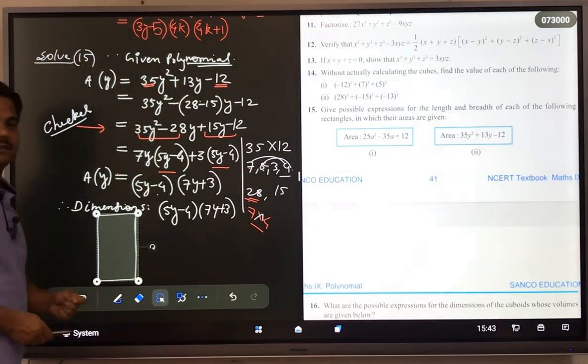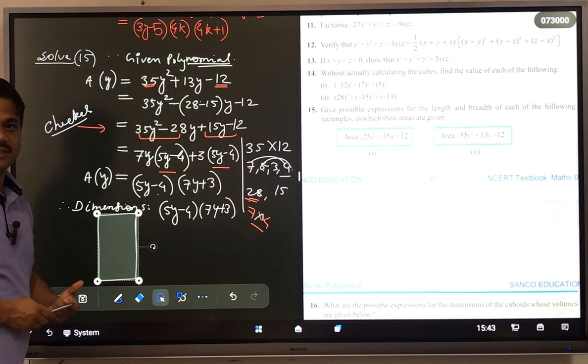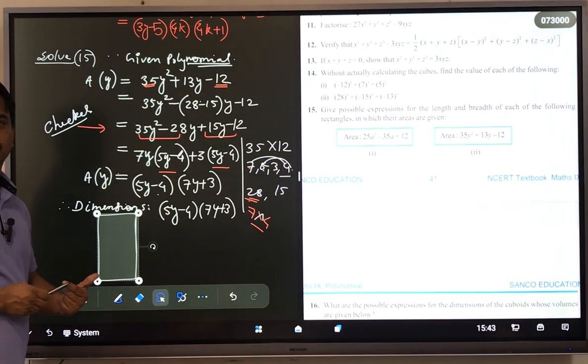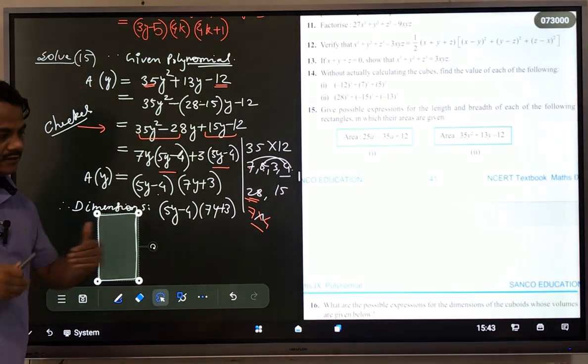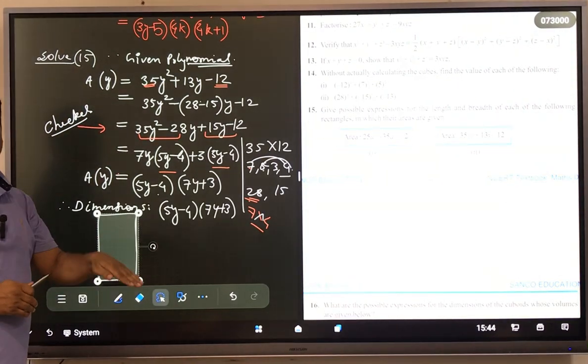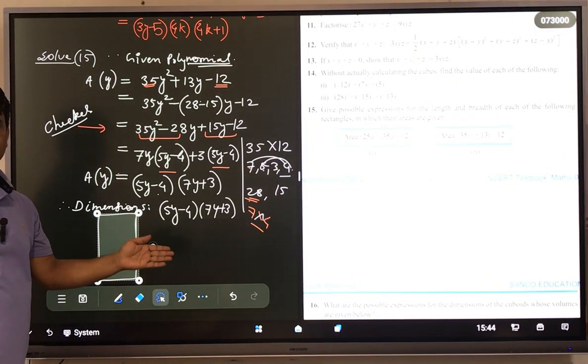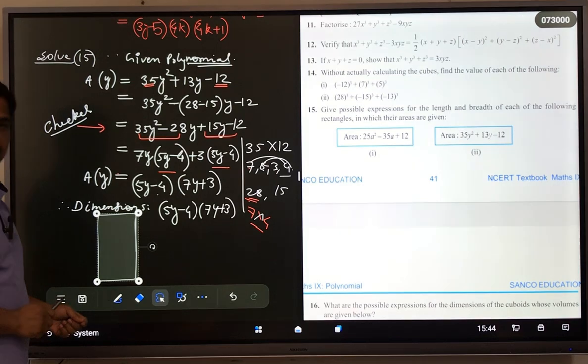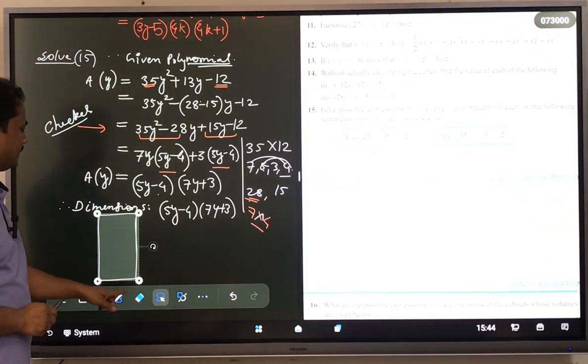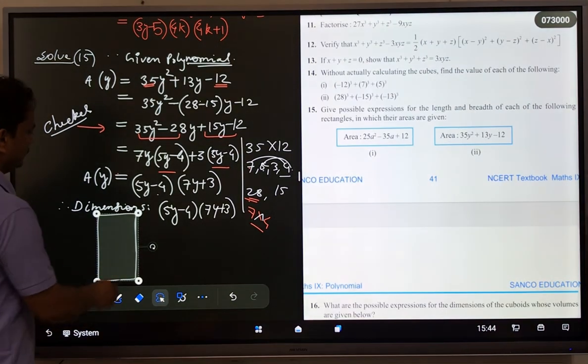Now breadth becomes shorter and length becomes much longer. So it depends on you what you are talking about. You are just taking the side, along the vertical axis, along the y horizontal axis. So it's not specified here which dimension is to be taken as length or breadth. Hope you understood here. Got it?